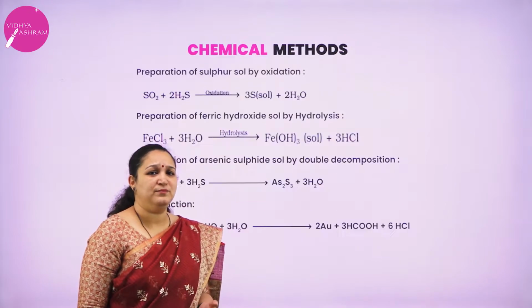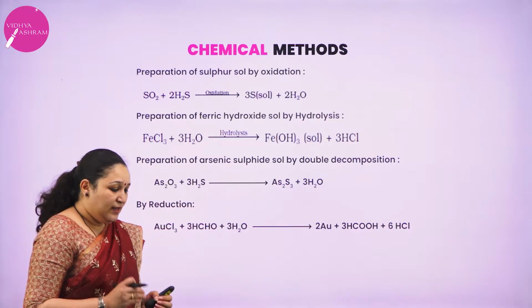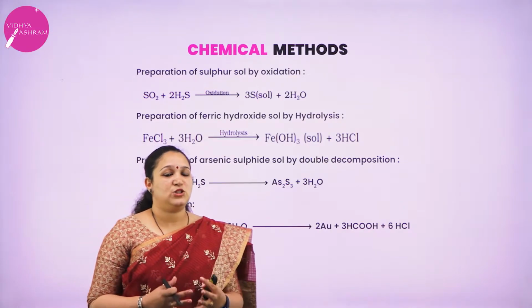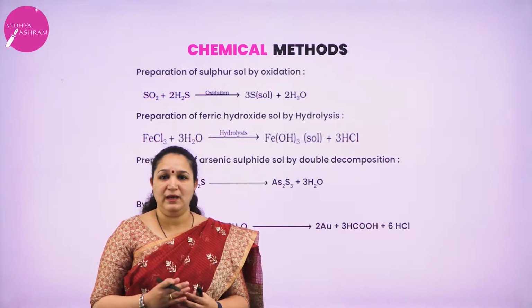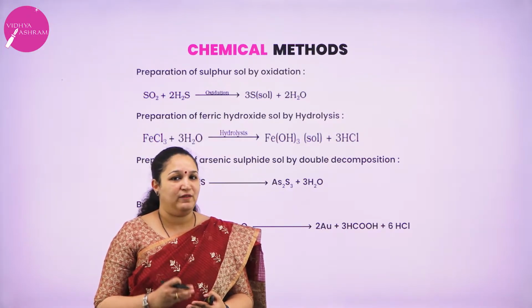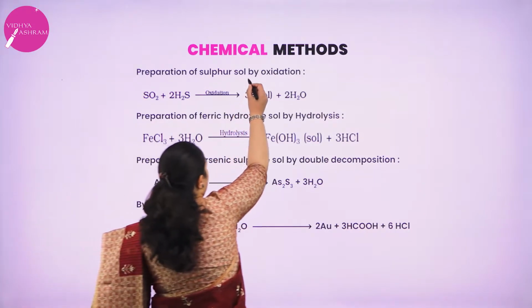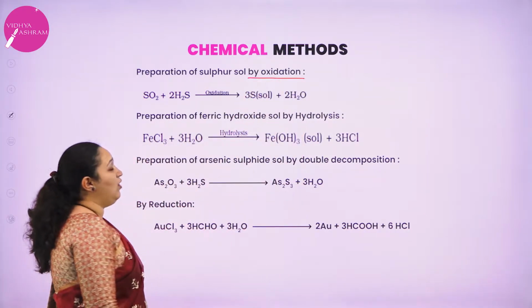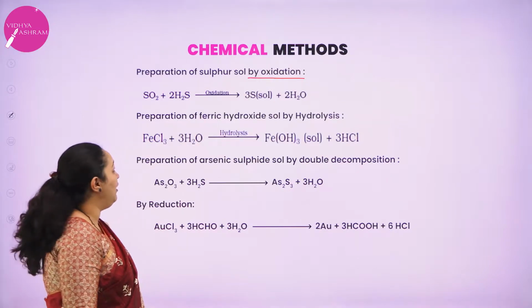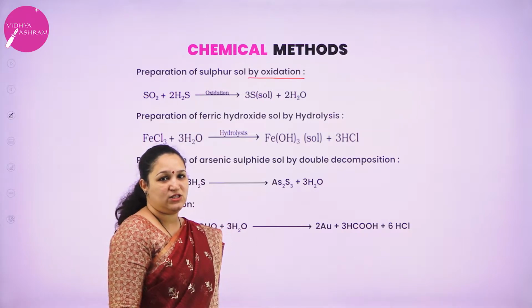The first one is chemical method. Here there are different ways in which a colloidal solution can be prepared. We are taking an example for each method and we will learn them. The first one is by oxidation. We have used the example of preparation of sulfur sol by oxidation.